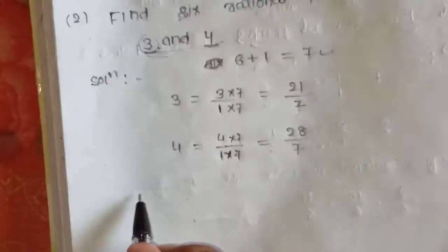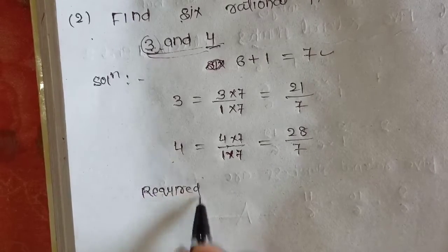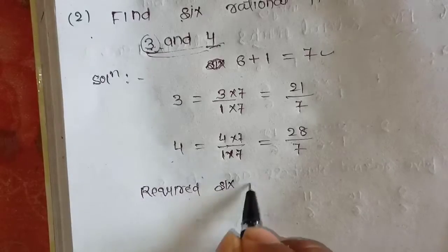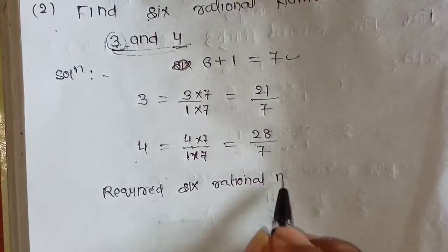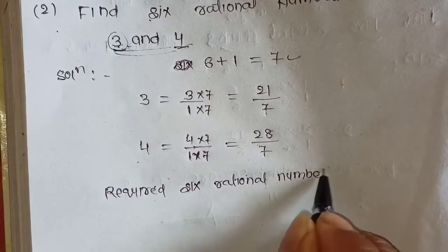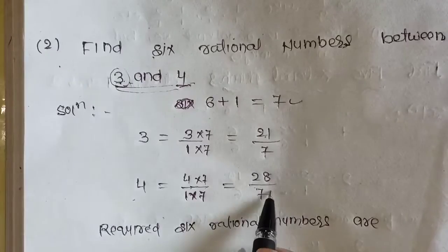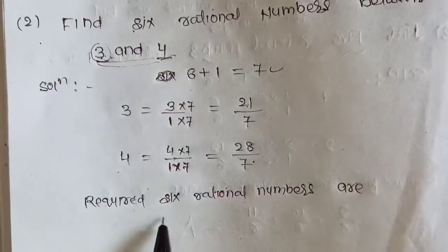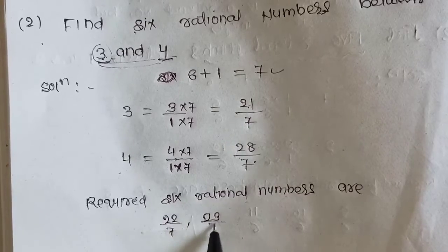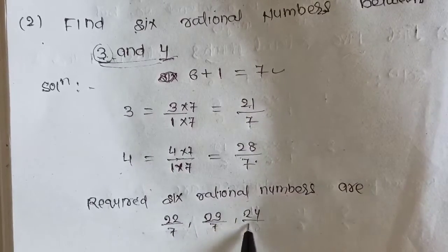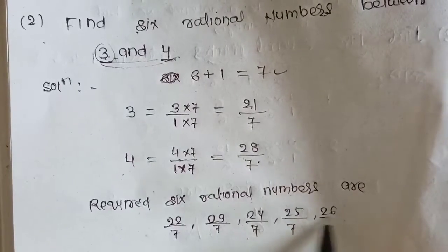Okay, the required 6 rational numbers between 21 by 7 and 28 by 7 are: 22 by 7, 23 by 7, 24 by 7, 25 by 7, 26 by 7.